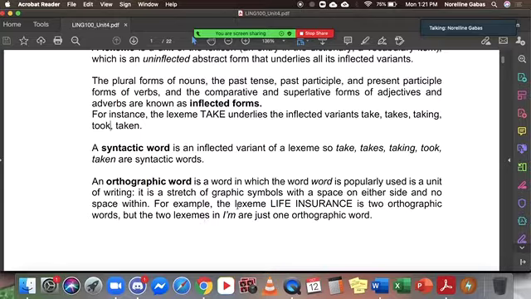Okay, so example, the lexeme life insurance, or the word life insurance, is two orthographic words, life and insurance. But the two lexemes in I'm are one orthographic word. Kasi kung pinutol mo yung isa, hindi naman magiging buong word yung M lang.